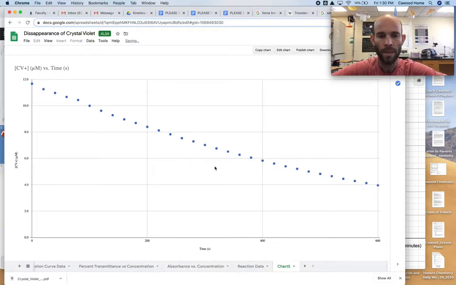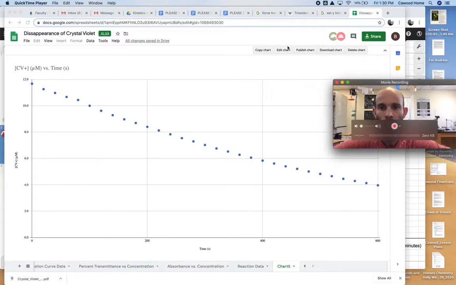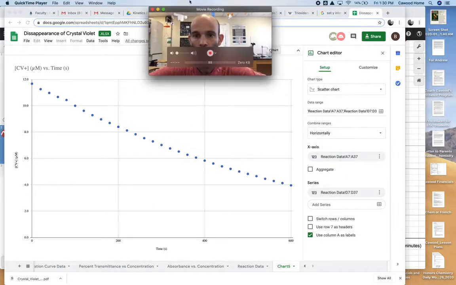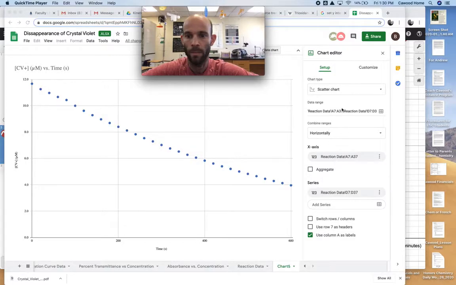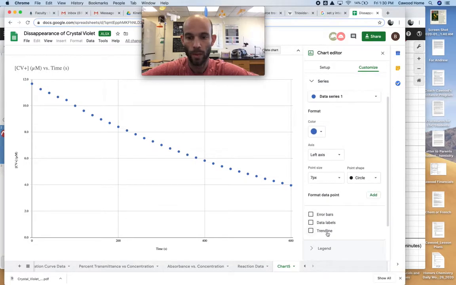Okay, so this looks maybe like it's linear, but if you put a trend line on this thing, you'll find out very quickly it's not a line. So if we just try to stick a trend line on there, customize the series, add a trend line, we can see that this data is not linear.